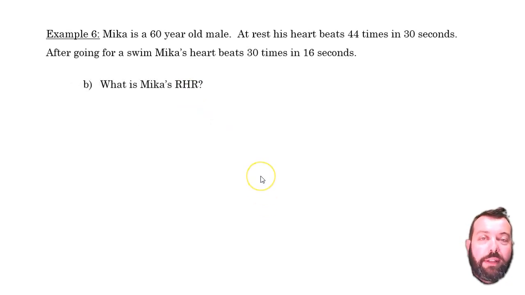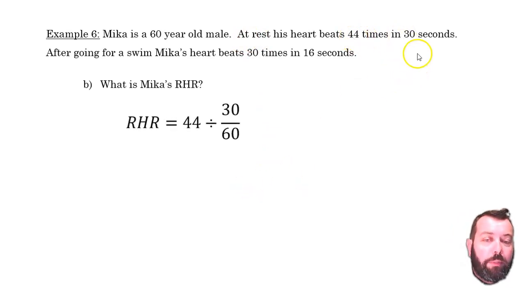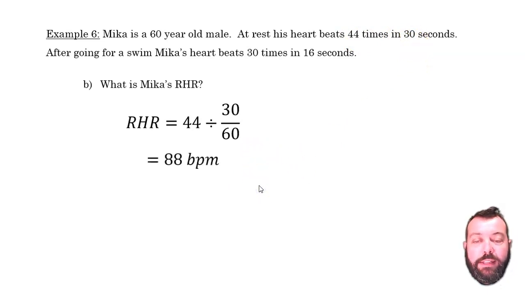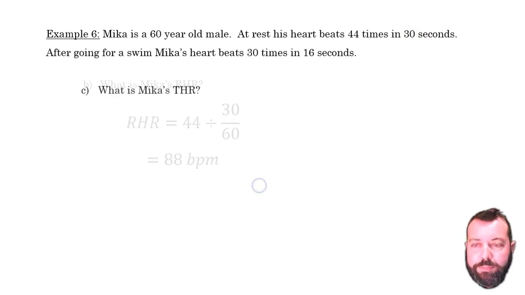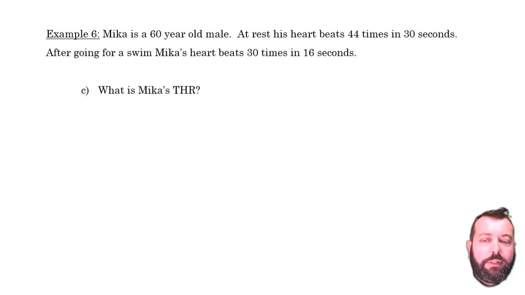What about Mika's resting heart rate? Well, again, we're told at rest, 44 times in 30 seconds, so it's the number of beats, 44, divided by the number of minutes, that's 30 over 60, and that is 88 beats per minute. So far, so good. Now, what about Mika's target heart rate or training heart rate? We're not going to use the formula this time based on the intensity.